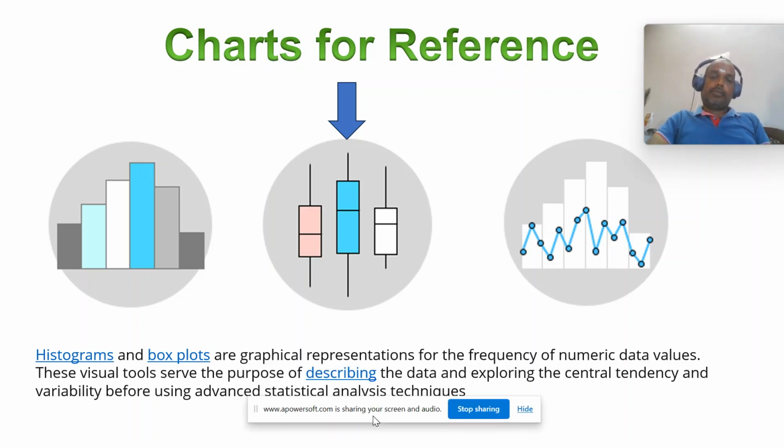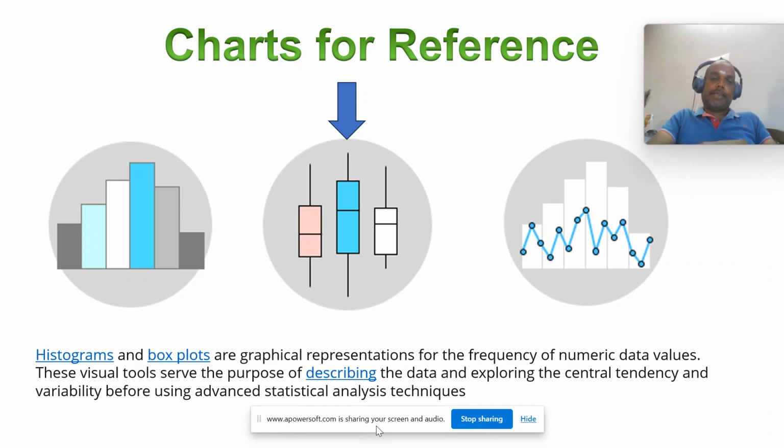So, what kind of data does the box plot handle? These are graphical representations, predominantly of the frequency of numerical data values. For any numerical values, the box plot would be your option.